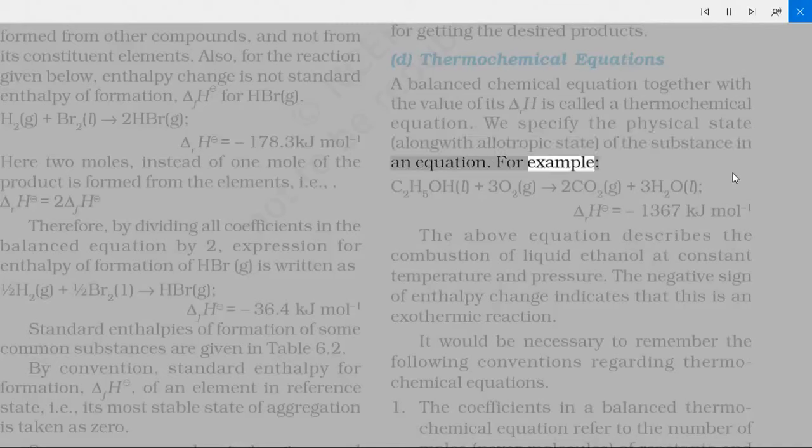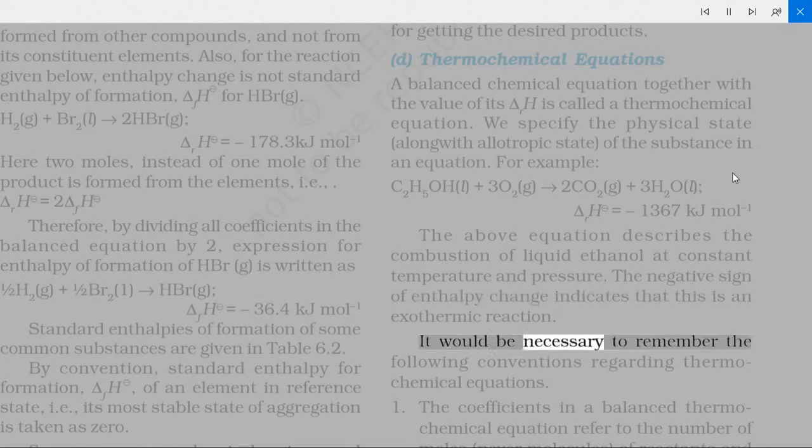For example, C2H5OH(l) + 3O2(g) → 2CO2(g) + 3H2O(l), ΔrH° = −1367 kJ mol⁻¹. The above equation describes the combustion of liquid ethanol at constant temperature and pressure. The negative sign of enthalpy change indicates that this is an exothermic reaction.